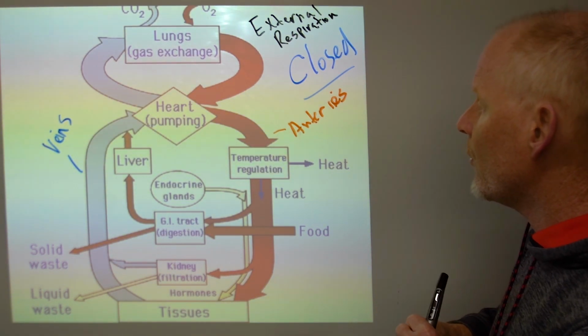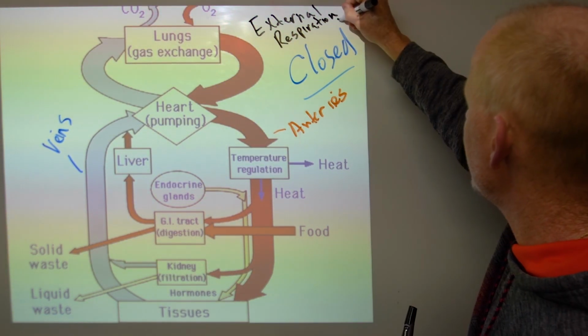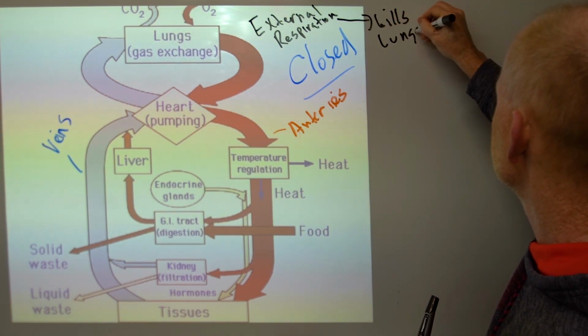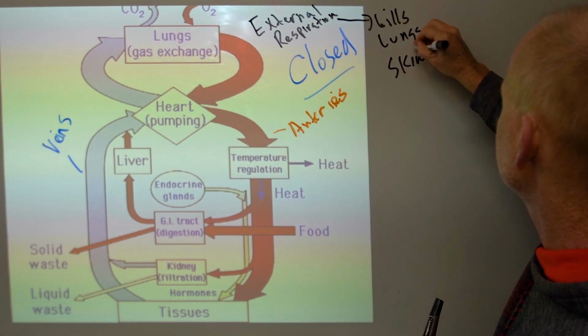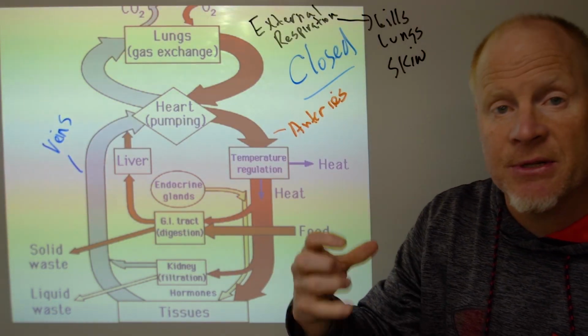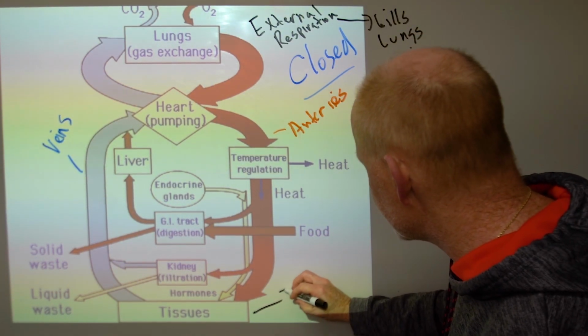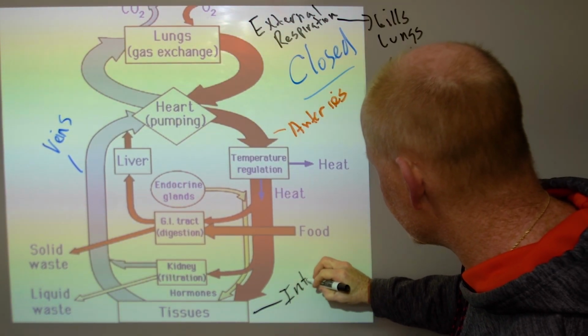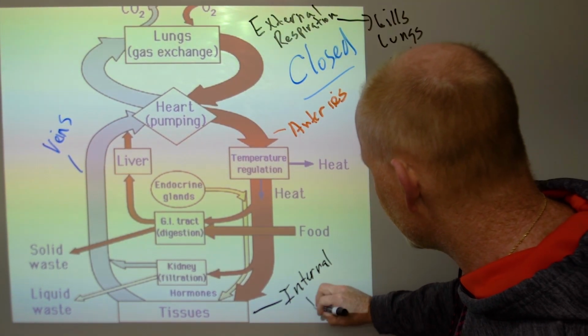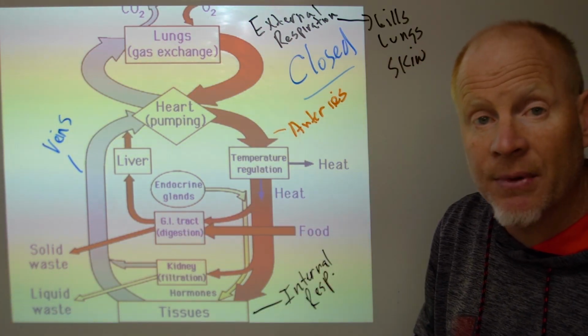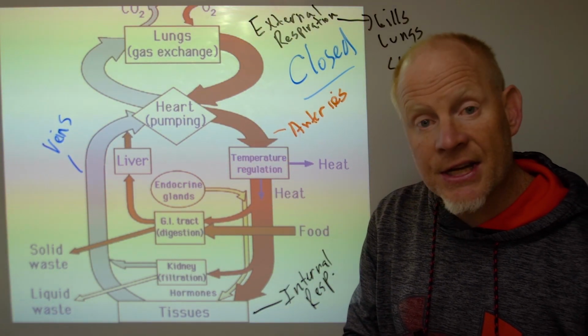And so external respiration happens at gills, lungs, or the skin, for example, which are places where you exchange gases between the blood and the environment. Down here where the tissues are, this is called internal respiration. Internal respiration is where you exchange gases, oxygen for carbon dioxide, between the tissues and the blood.